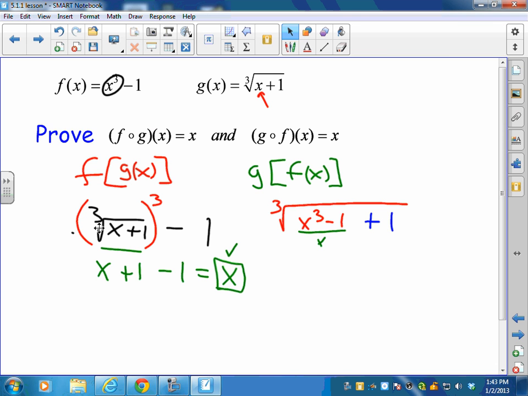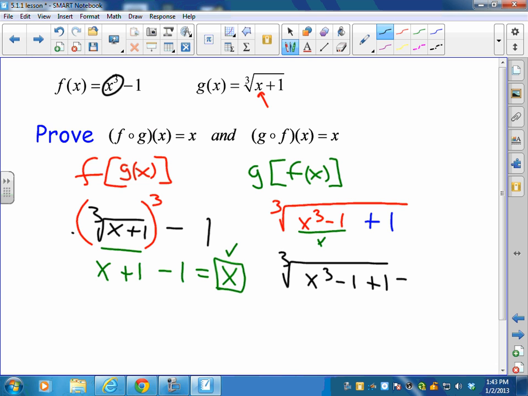So this part that I wrote here in green is normally the cube root of x plus 1. But now, instead of writing that x there, I substituted in the f of x function, and I got x cubed minus 1. So we get the cube root of x cubed minus 1 plus 1, and the plus and minus 1 cancel out, of course.